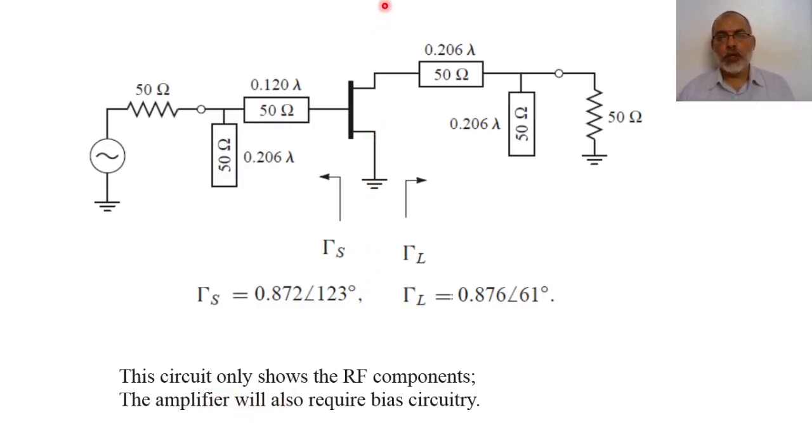So actually we have a choke inductor here, and this choke inductor is connected to VDD, and maybe we need certain biasing for the gate too. So maybe we have a choke inductor here, and we have voltage at the gate. So still we need a DC biasing network for such a transistor.